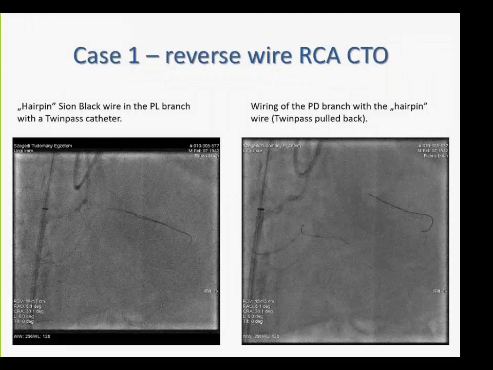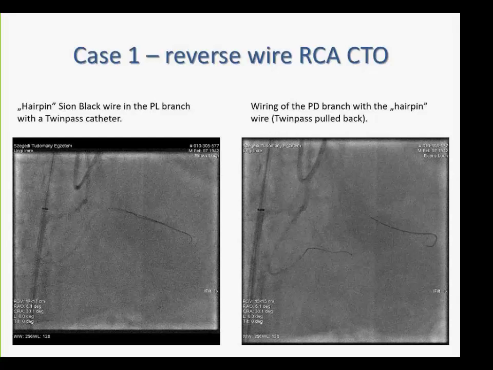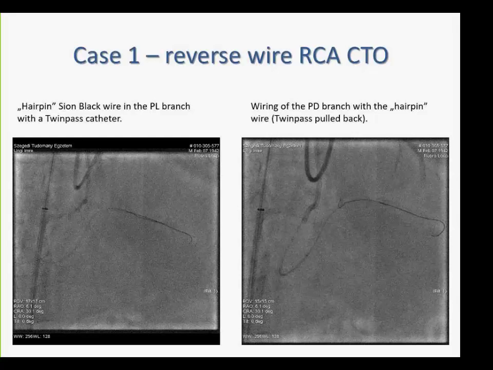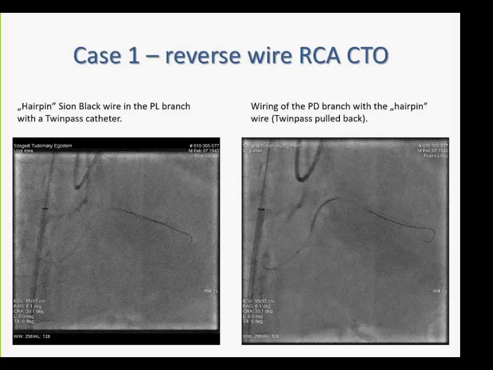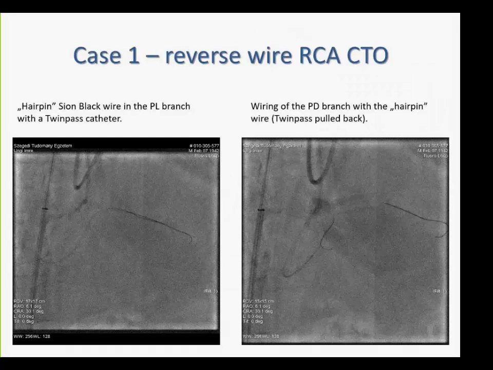On the left still image, we can see in the distal part of the posterolateral the bent second wire.